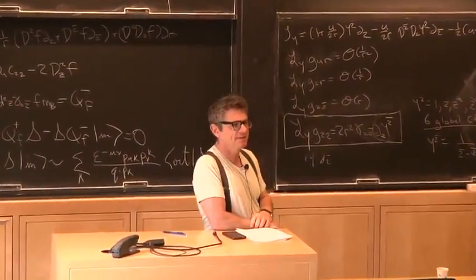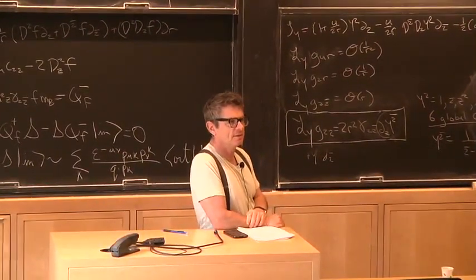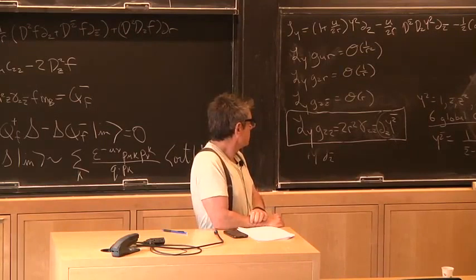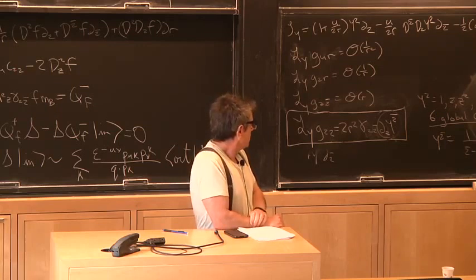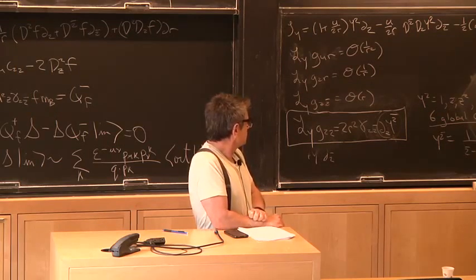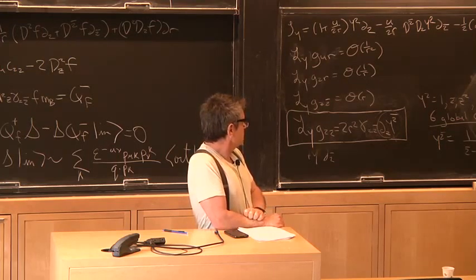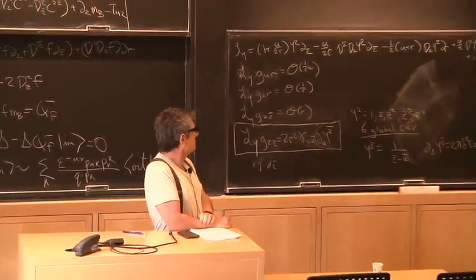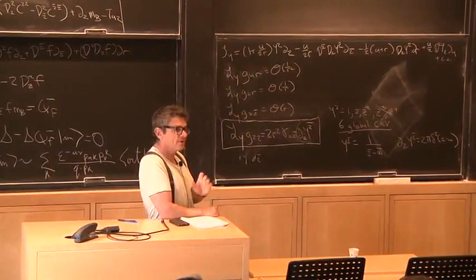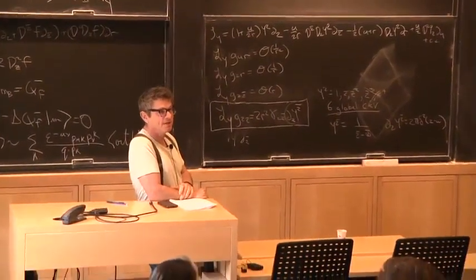Yes, Derek? Is there a central extension in the algebra that's generated? Of course, this is the Virasoro algebra. So what does that see? Right. So another interesting thing about this superrotation group is that there have been very few papers written on it.